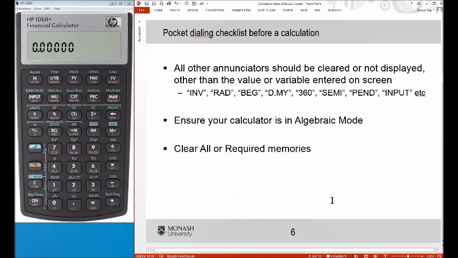So we have here the pocket dialing checklist before a calculation. Before you start a new calculation, first of all, you need to make sure that all unnecessary annunciators are cleared or not displayed, except some mode functions which are required for your calculation.